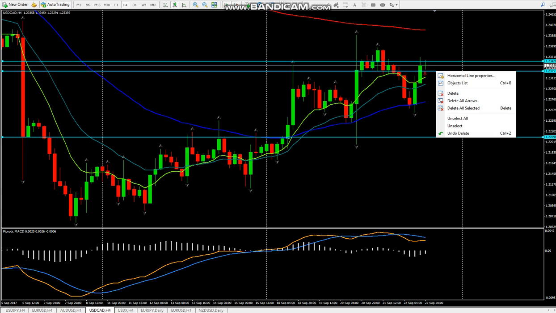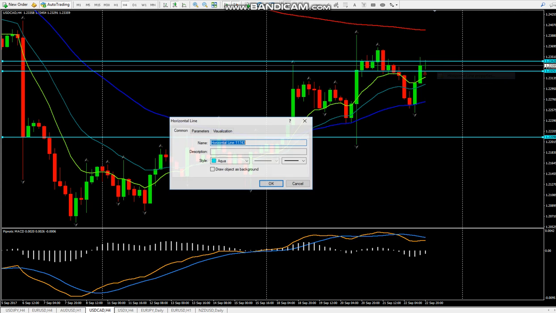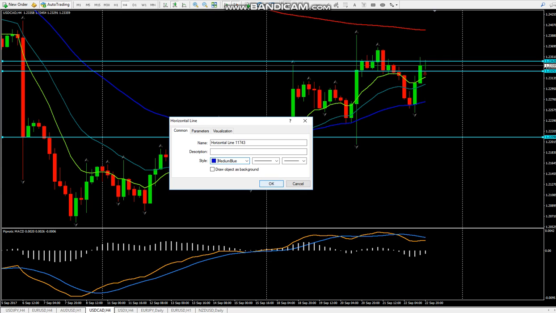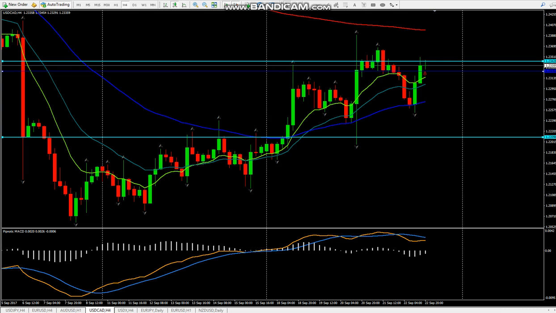Okay, and then I'm going to change the line thickness to thin, and then let's color it a little bit so we know this is the entry line. So around about there, I basically wanted to short that pair, and then another line.